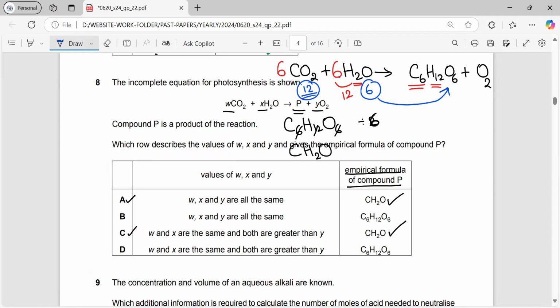And we have to complete this 12 on this side with O2. So if there are 12 on the reactant side, if we write 6 here, it will make it 12. So as you can see, 6, 6, and 6, all W, X, Y are the same. So the answer will be A.